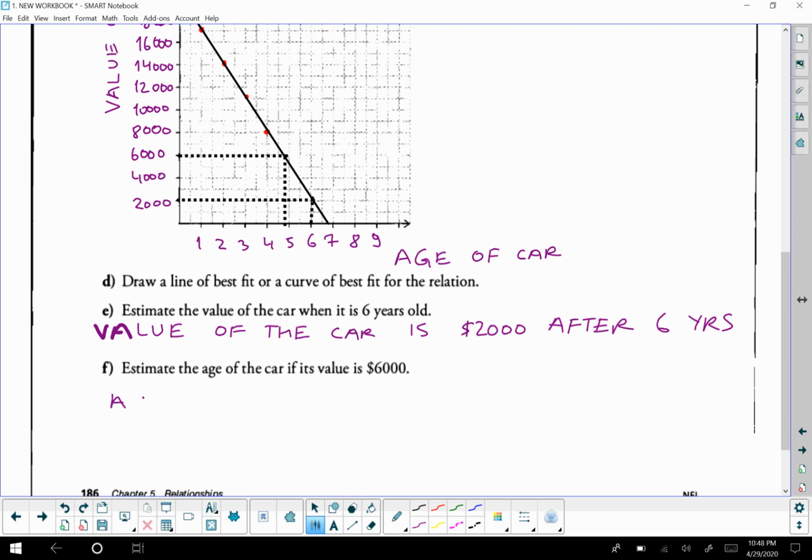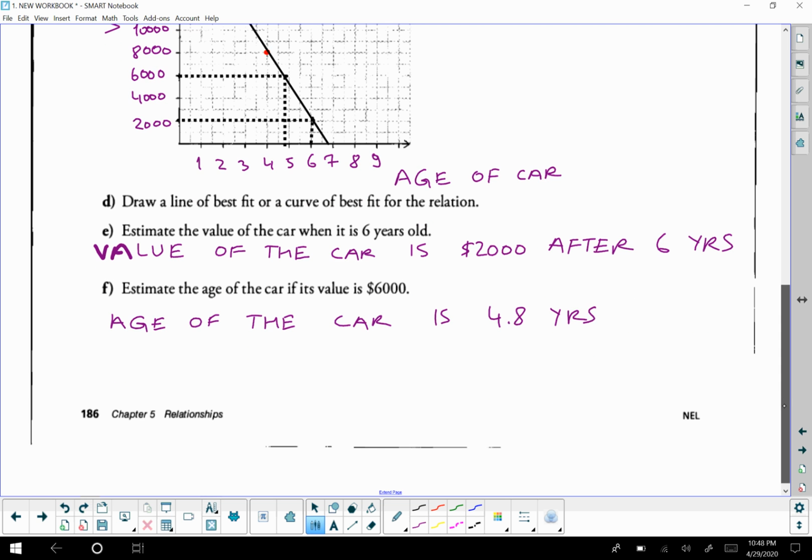Age of the car is 4.8 years if the value is 6,000. Now we should round off to years, and maybe if the graph is better, it should be a better answer, but around 4.8 years if the value of the car is 6,000.